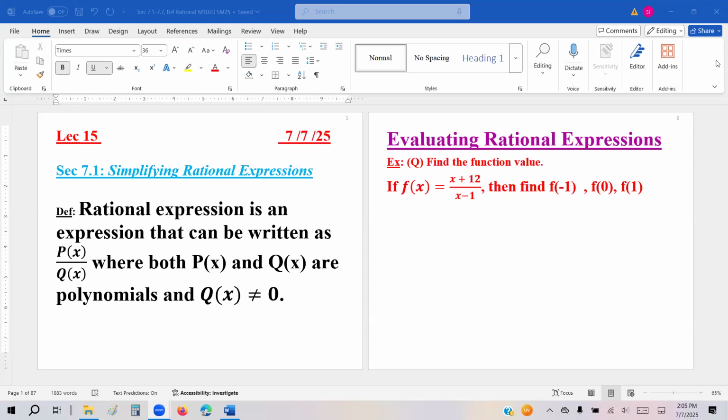First we are starting with evaluating rational expressions, which is the same as what we did for functions. All you have to do is replace all the x you see with the given numbers, and then simplify. This is something easy. It will be in your homework and also in your quiz.